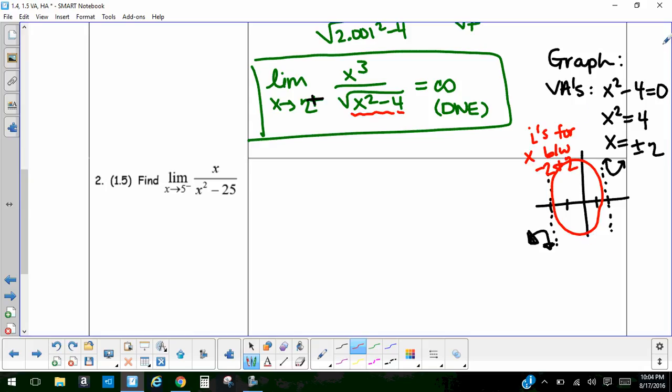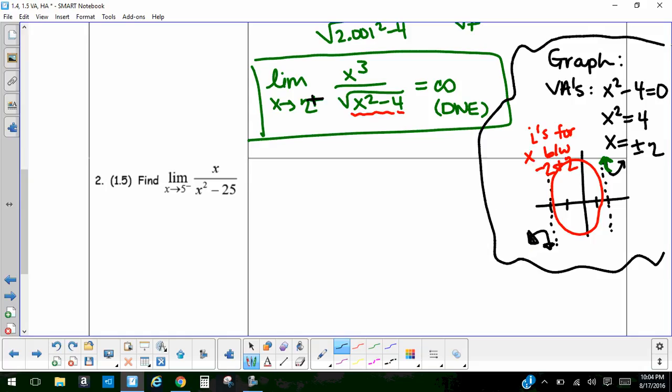Sometimes you do need to know some graphical information without a graphing calculator. And we have found, by the work we just did, we found this information. We would know where the asymptotes were, and we checked a number and found that 2 from the right, I was going to infinity. Okay, that's just some extra stuff. Comes in handy on homework here and there.